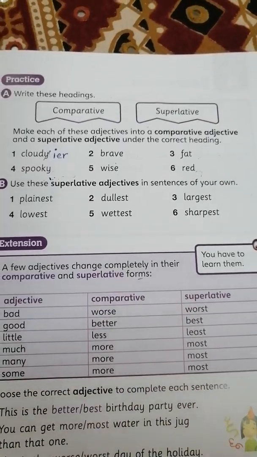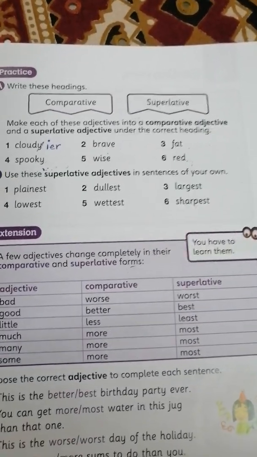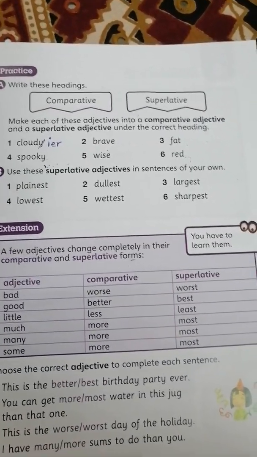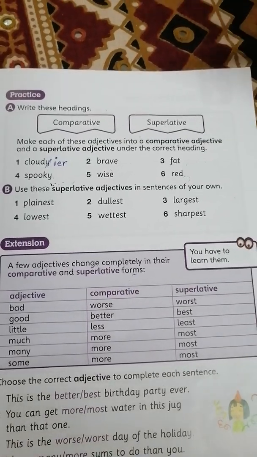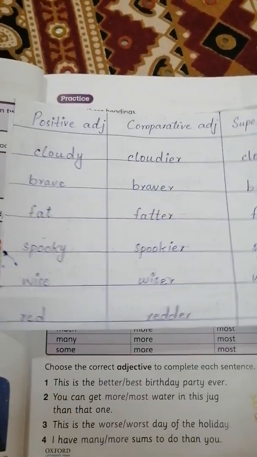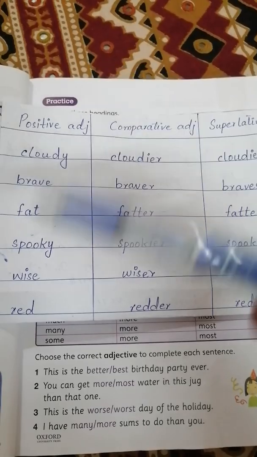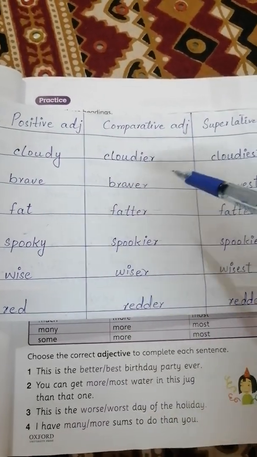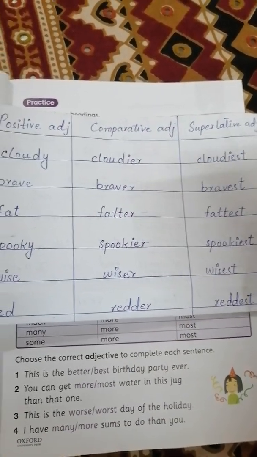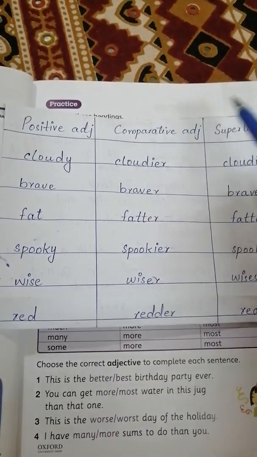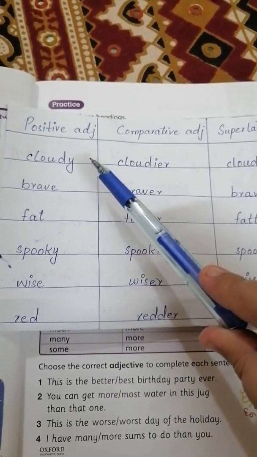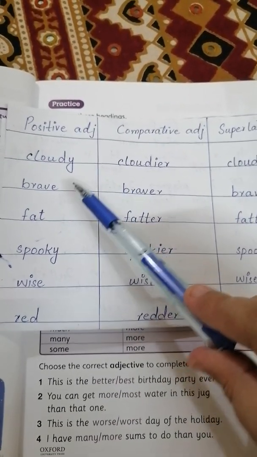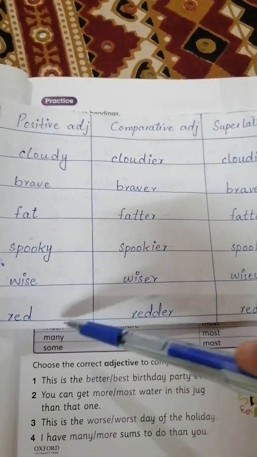I'll show you how you make 3 columns and write the comparative and superlative degree like this. First you make 3 columns: positive adjective, comparative adjective, superlative adjective. Then you write these words in positive adjective: cloudy, brave, fat, spooky, wise and red.